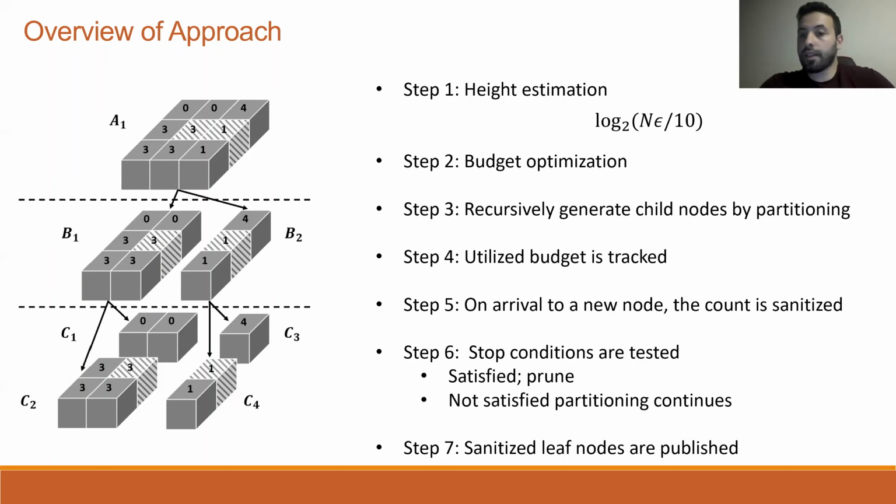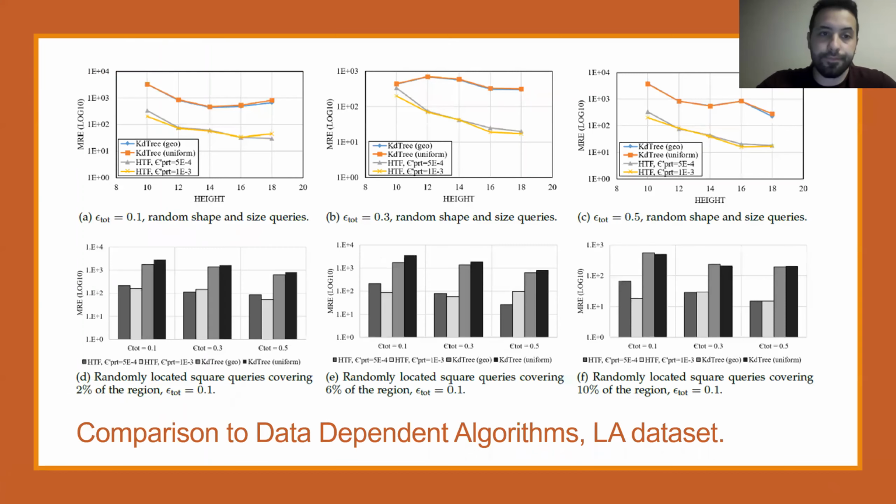Finally, once all the leaf nodes are generated, we publish the sanitized leaf nodes to the public, which represent the sanitized counts. We compare our approach with different benchmarks: data-dependent algorithms, data-independent algorithms, as well as partially data-dependent algorithms.